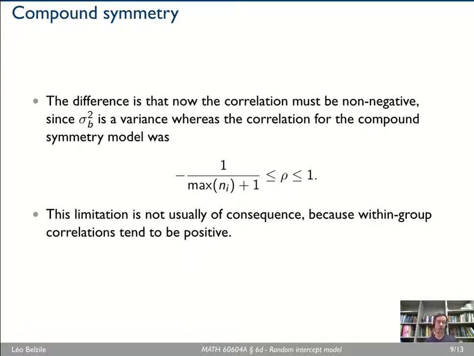There's a lower bound because of all these entries, so there's actually some limitation. But here, restricting to positive correlation is not practically significant, because within-group correlations tend to be positive.